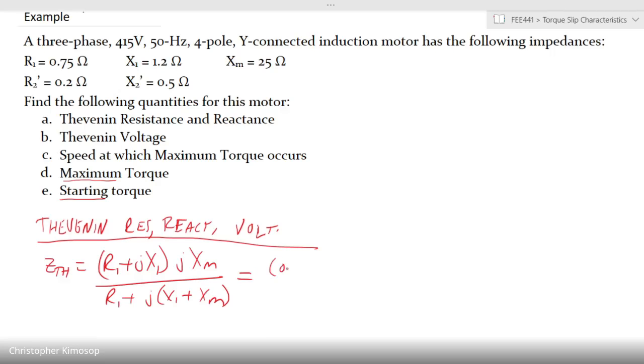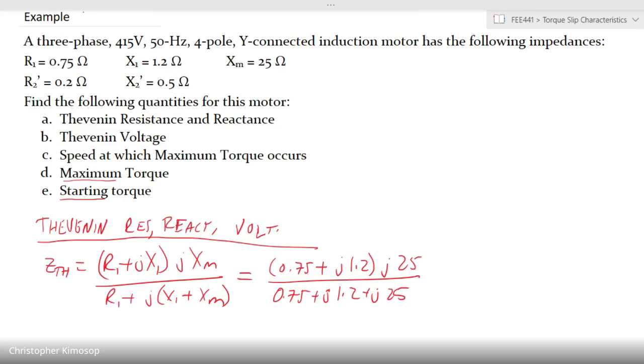R1 is 0.75, jX1 is 1.2, XM is 25. R1 again 0.75 plus j1.2 plus j25.